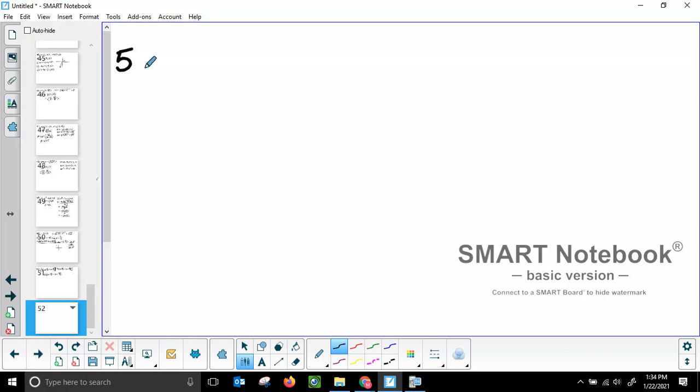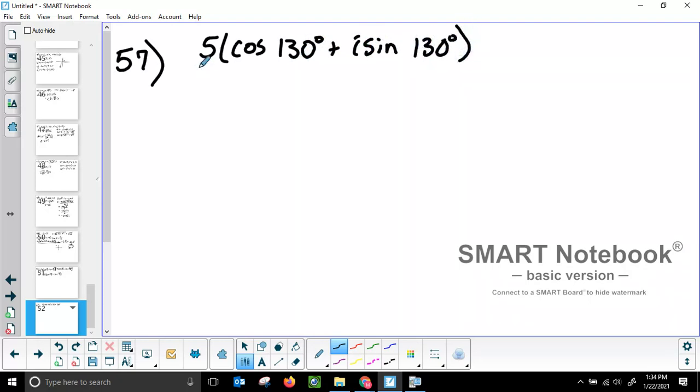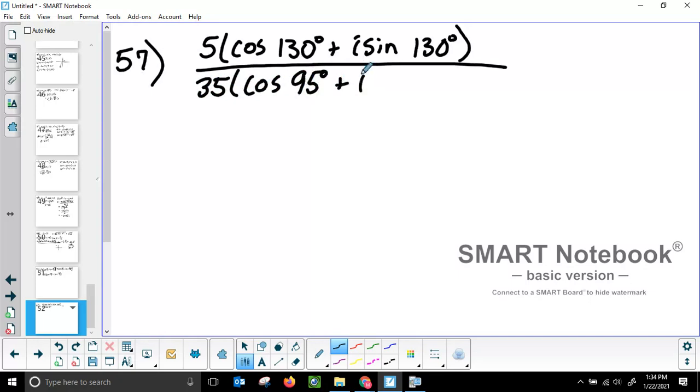57. Now it wants us to divide. We are dividing 5 times cosine of 130 degrees plus i sine of 130 degrees, all being divided by 35 times cosine of 95 degrees plus i sine of 95 degrees.